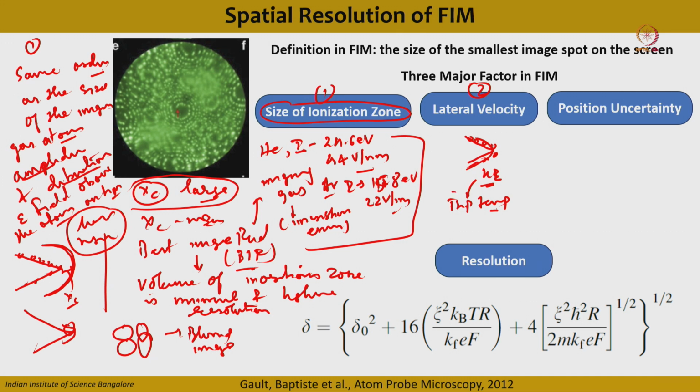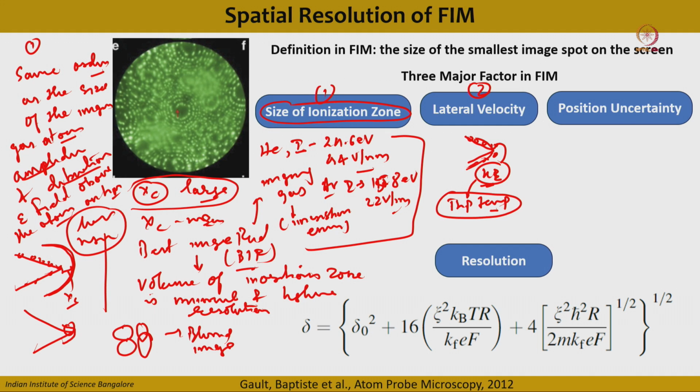So the kinetic energy of the imaging gas depends upon the tip temperature, and this kinetic energy directly contributes to the lateral velocity which is along the tip surface. Okay. So after the field ionization, the gas ion is projected from the vicinity of the tip onto the screen.